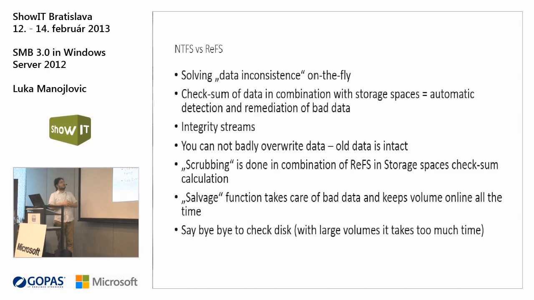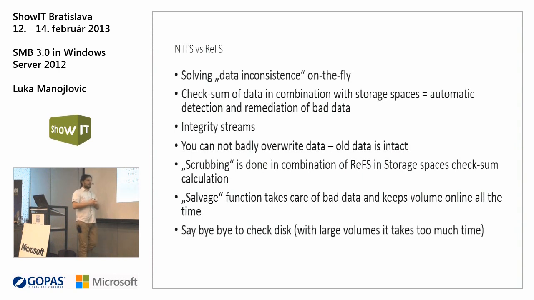Okay, another thing that is coming with resilient file system is solving data inconsistency on the fly, so you don't have to wait for or do a check disk. You know, check disk on very large volumes would take a year to finish. So they created a new way of doing it. So you have a lot of features inside the resilient file system that are preventing damage to your data, or loss of your data, and it is working on the fly, so without stopping anything.